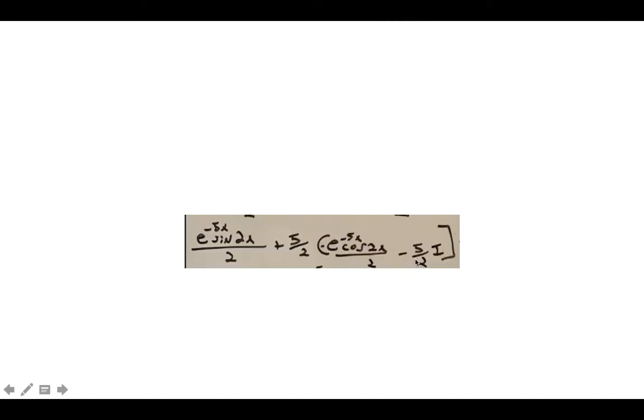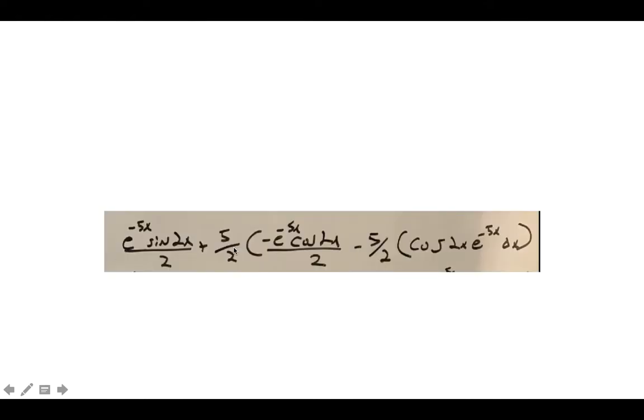And that's what I did. Remember, the problem we're solving for is the integral of cosine 2x times e to the minus 5x, so that's going to be I as well.